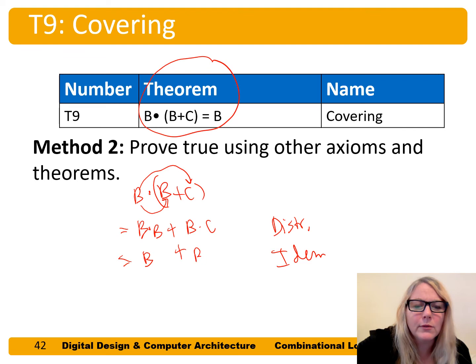Then we get B or B and C. We could factor out the B and get B and (1 or C), using distributivity in the other direction.